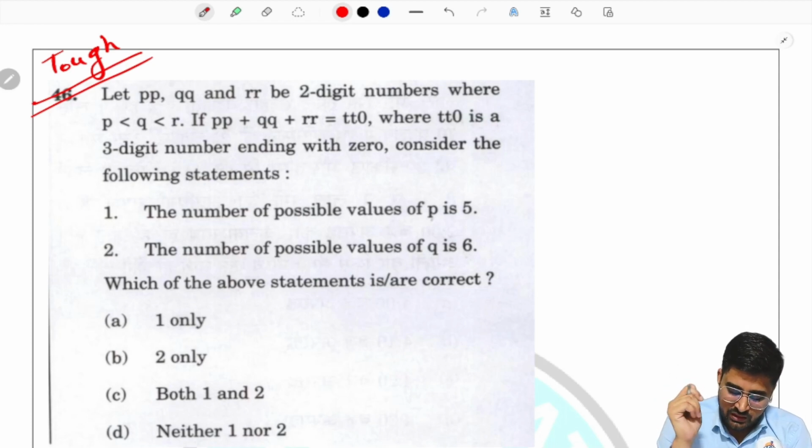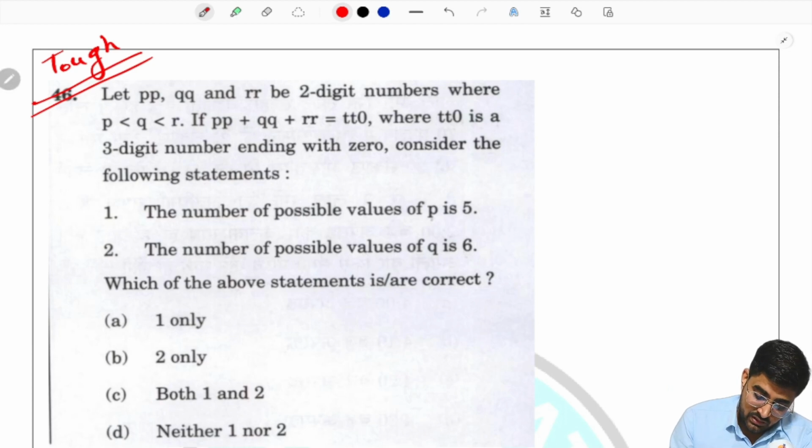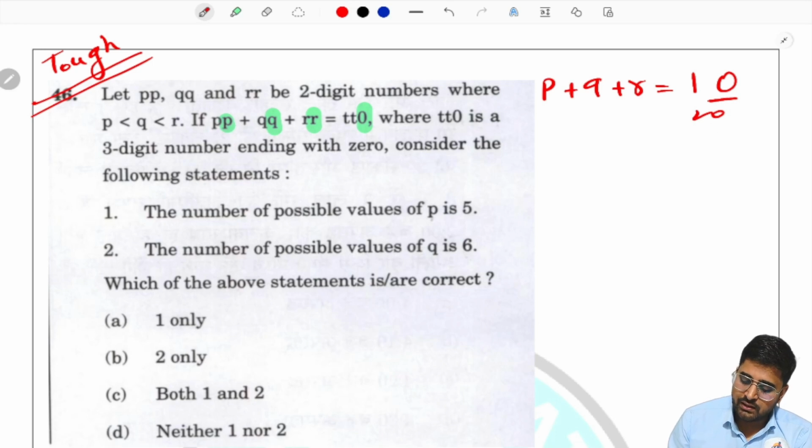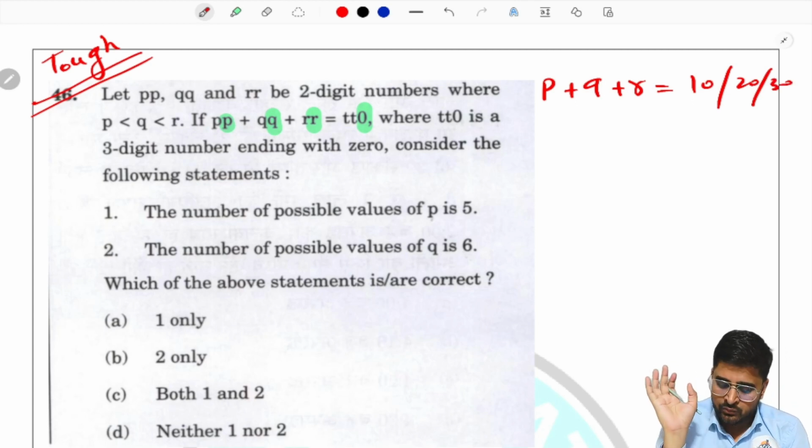Basically, by applying the unit digit concept, the sum of P plus Q plus R is equal to 10, 20, 30, 40, whatever it is, meaning the unit digit should be 0.